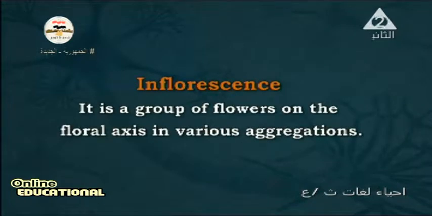Inflorescence. What is the inflorescence? Inflorescence is a group of flowers on the flower axis, aggregated or collected together. Inflorescence happens in the sunflower.